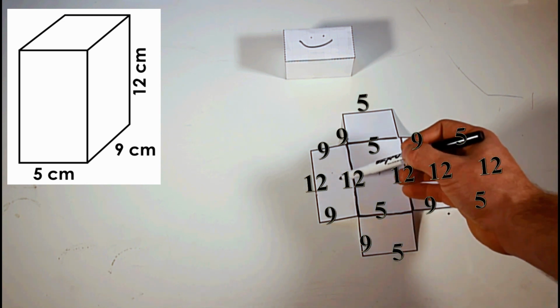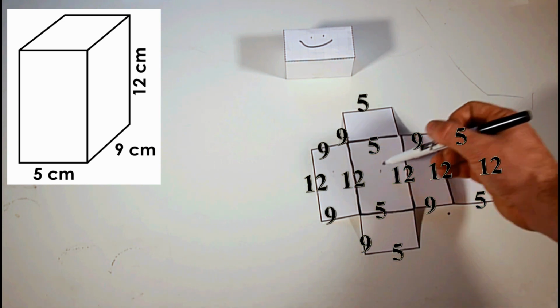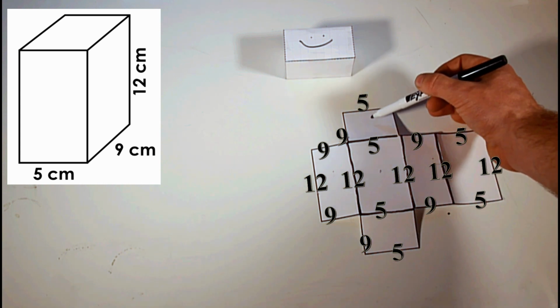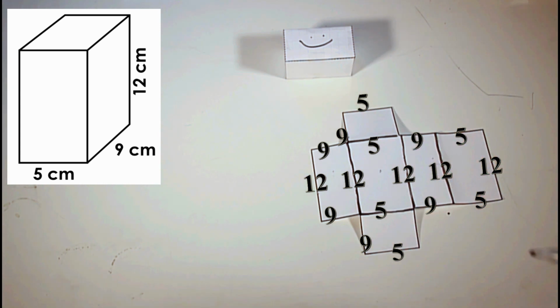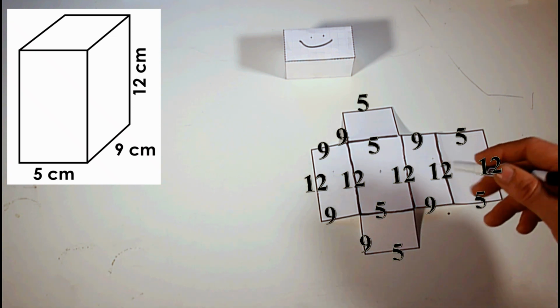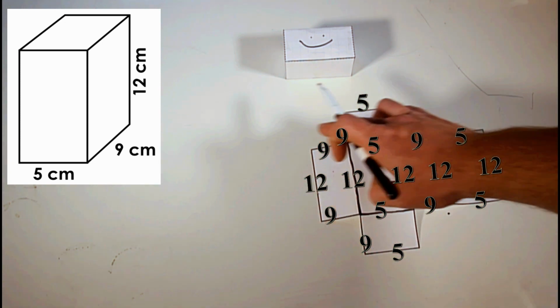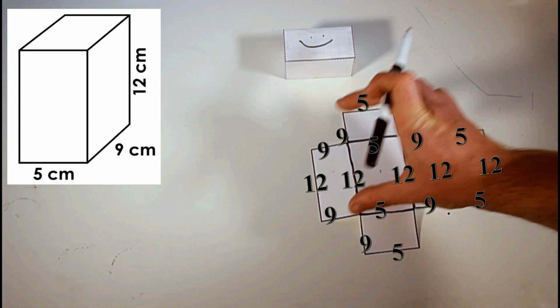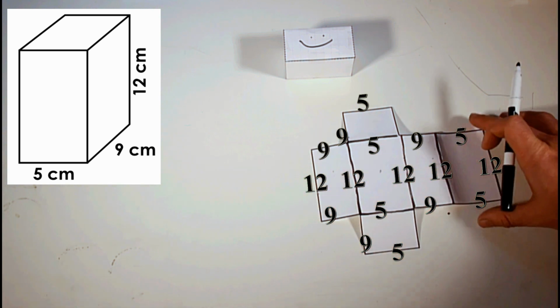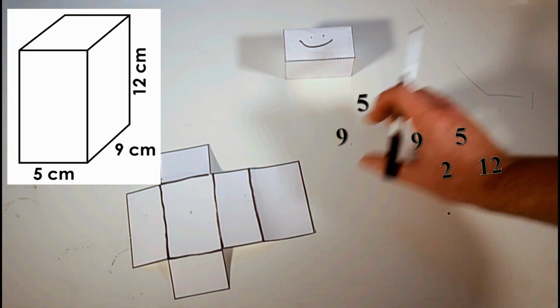I need to find the area of this side, this side, this side, this side, and then these two ends, the top and the bottom of the shape, okay? And in order to do that, I need to come up with what the measurements are for the perpendicular sides. We don't multiply the opposite sides, we multiply the perpendicular sides. So let me move this thing over here.